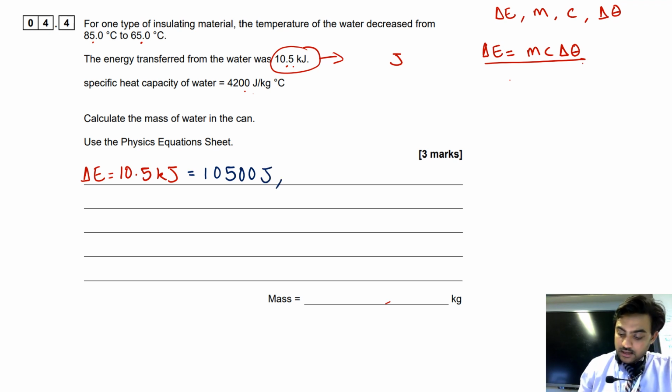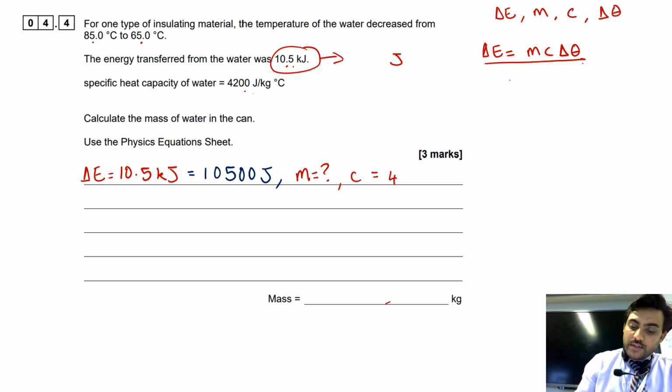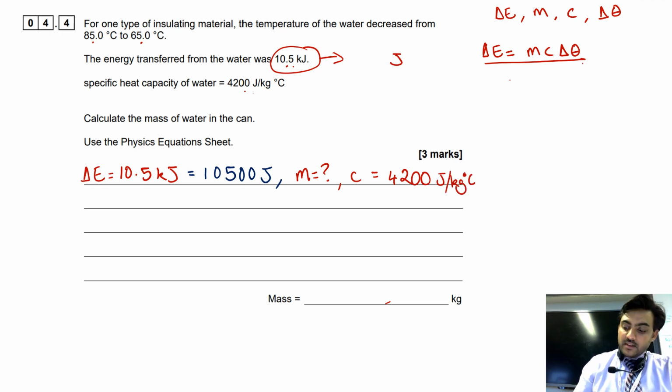The next piece of data that we need is mass, but we don't have that. That's what we're trying to find out. Next is specific heat capacity. Do we have that? Yes, 4,200 joules per kilogram degree Celsius. Next piece of information we need is our change in temperature. Do we have that?